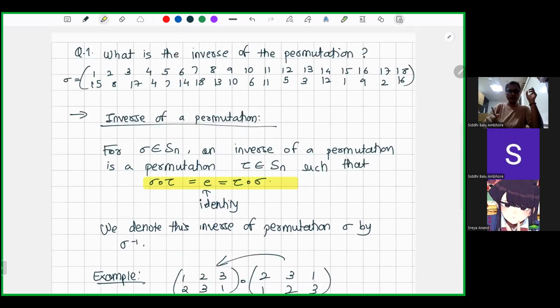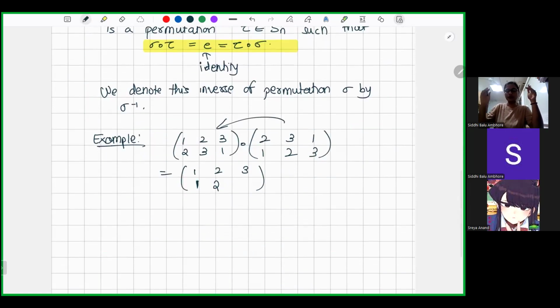But in general, when we are looking for composition or multiplication of permutations, we start from the right permutation and keep checking its image in the permutation to its left. So when I switch these two rows, I got this identity, right?